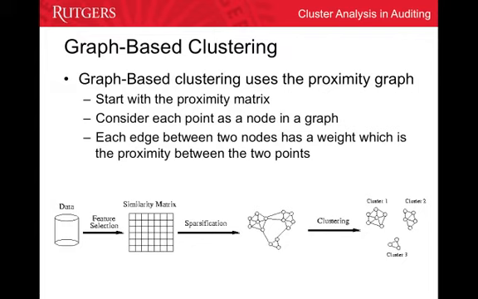In a graph-based clustering method, it first starts with a proximity matrix and then considers each point as a node in the graph, and each edge between two nodes has a weight, which is the proximity or the similarity between the two points. Then we just need to cluster the points that have the most similarity together to form the clusters.